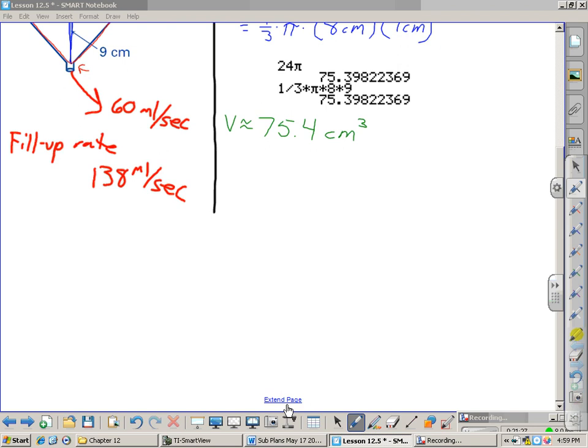Now a problem that might occur here, we might notice, is the fact that our fill-up rate has milliliters in seconds and our volume of the funnel is in cubic centimeters. So what we need to do is get that in the same unit. Now when you're dealing with volume of a solid, like we've been doing in class, your units are going to be some distance measure cubed.